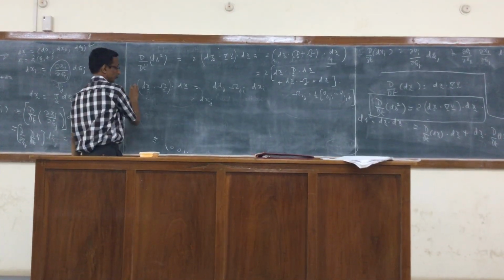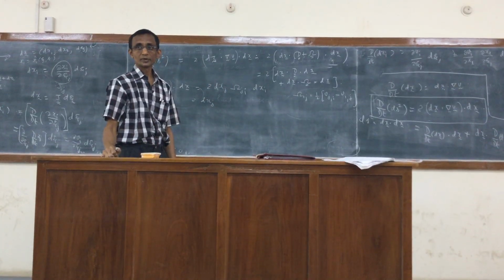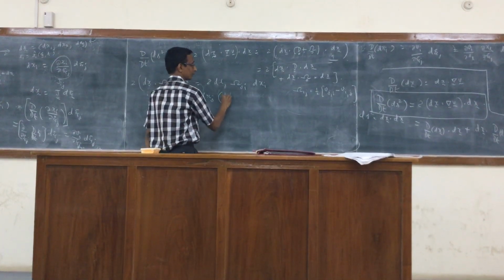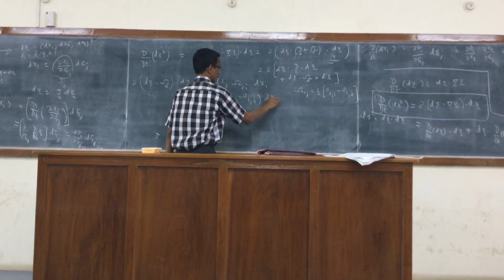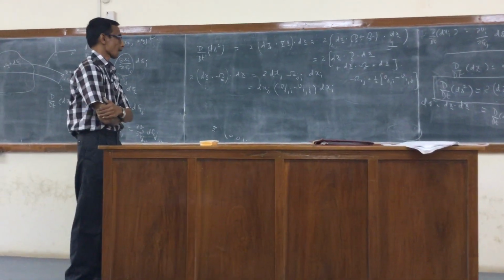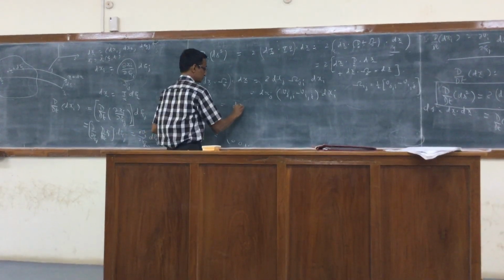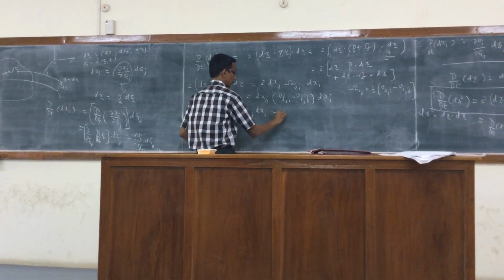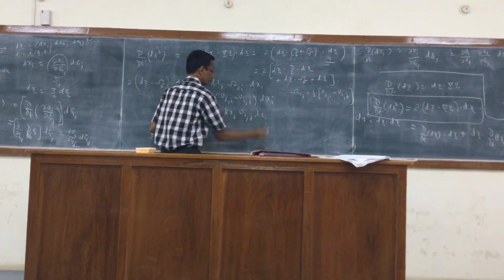And I can even write 2 times this so that I can get rid of the half. So that 2 will cancel with this half, and I will now write this as bj comma i minus bi comma j dxi. This is equal to dxj bj comma i dxi minus dxj bi comma j dxi.